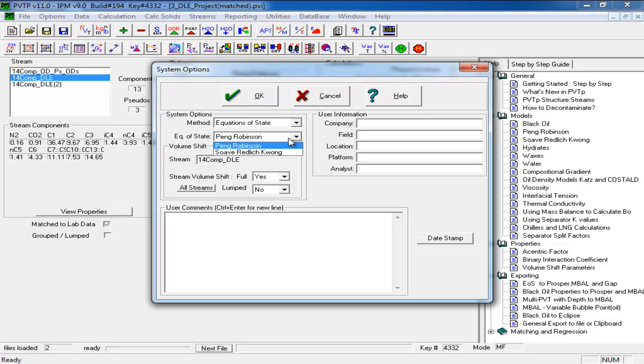So, okay, Peng-Robinson is better, but Redlich-Kwong also has some advantages, and that's why we have the choice between both of them.